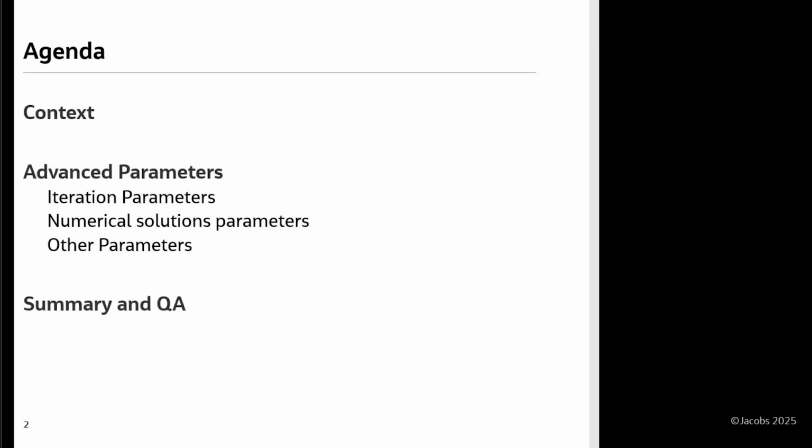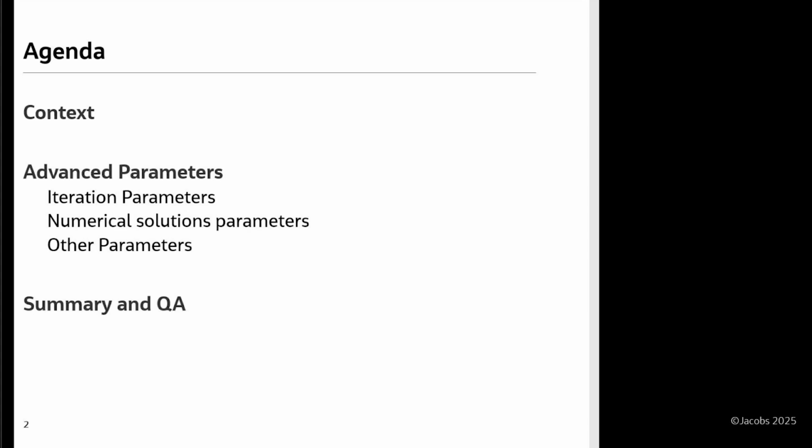process prior to discussing key advanced parameters in Flood Modeler that can be classified, for the purpose of this webinar, as you can see here, into iteration parameters, numerical solution parameters, and I'll also cover some of the other parameters.